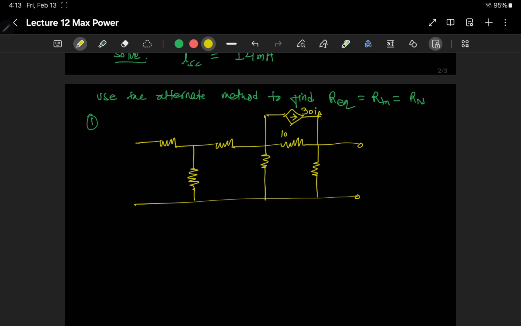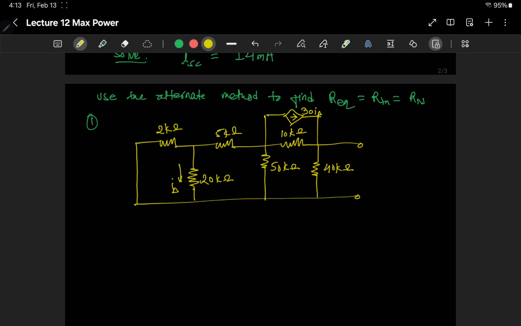And this one was 10 kilo ohms, this one was 40 kilo ohms, this one was 50 kilo ohms, and this one was 20 kilo ohms. This current was I delta, this was 2 kilo ohms, this was 5 kilo ohms, right? So basically the same figure without R naught and without the voltage source. And now since we are zeroing, we short circuit this voltage source, right?